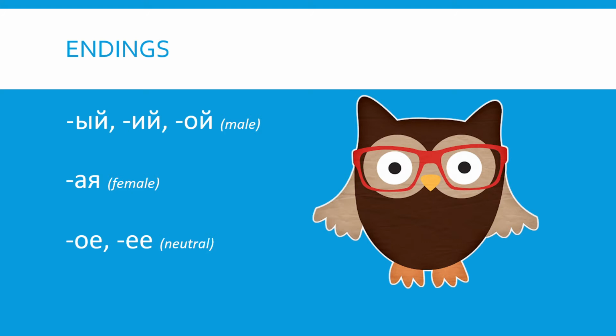And then for plural, it'll be iye or yye. So when I introduce an adjective, you should really only memorize the male form, and then it'll be pretty clear how to change it into female, neutral, or plural. So let's actually take a look and see an example of this, because that'll help make things clear.